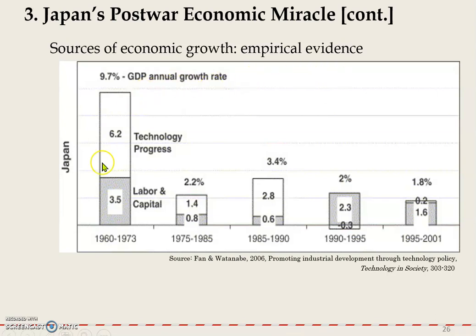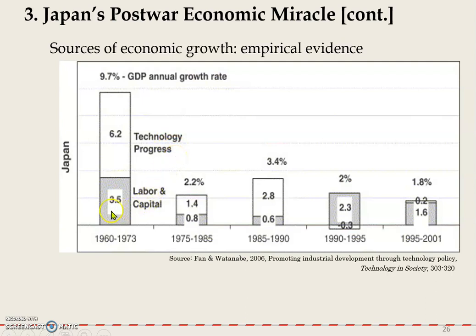Okay, so again, from 1960 to 1973, over the course of 14 years, Japan's economy grew at the annual growth rate of 9.7%. Once again, very close to double digit, right? And when we break it down, we find that 6.2 percentage points are actually from technological progress.